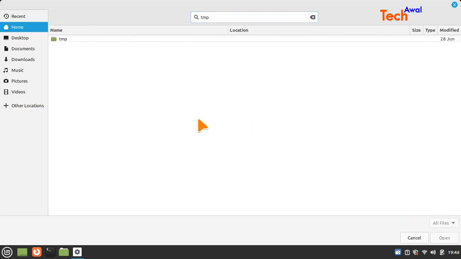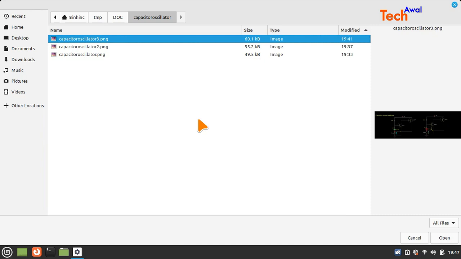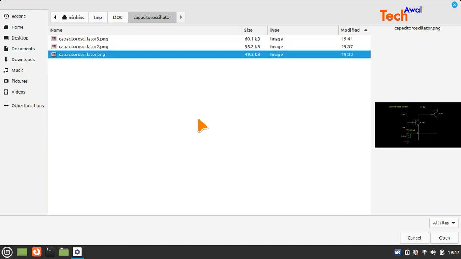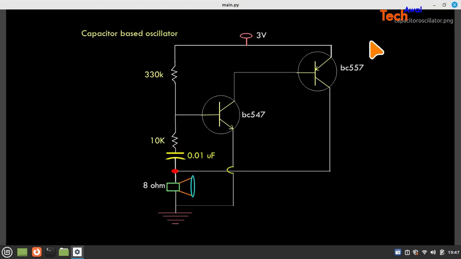So we'll see what we are trying to achieve. This is a typical diagram, and we have taken it as an oscillator.